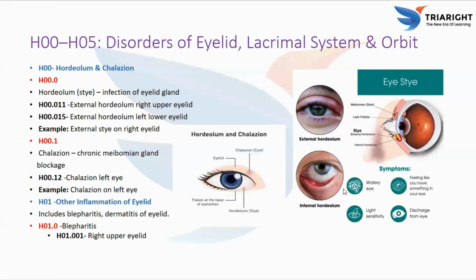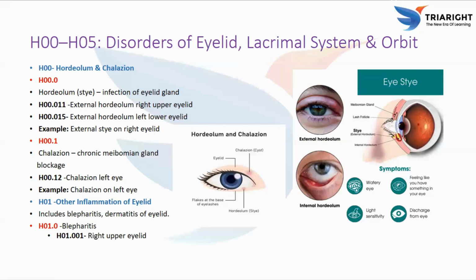Whereas internal hordeolum is a deeper infection inside the lid. You can clearly see, right? It is inside the lid. This is more painful, and this also involves the meibomian glands. So what are the symptoms shown in this slide? Watery eyes, discharge, light sensitivity, feeling of a foreign body, swelling and redness.